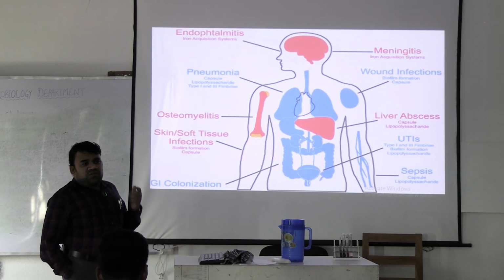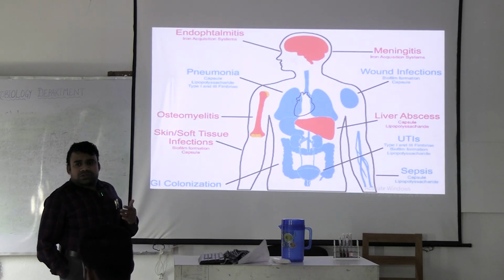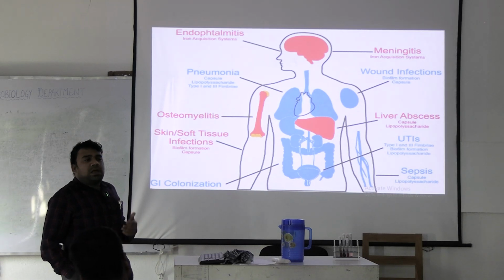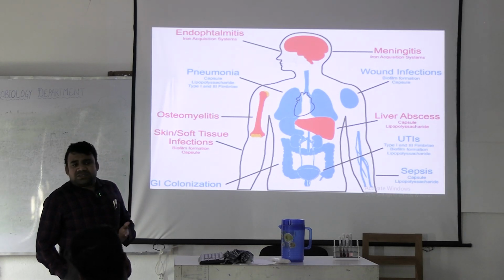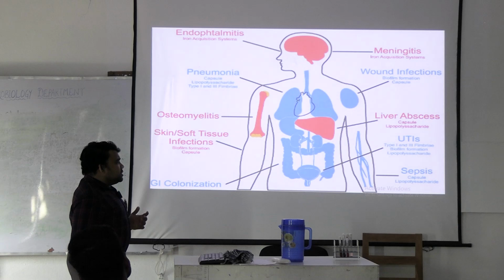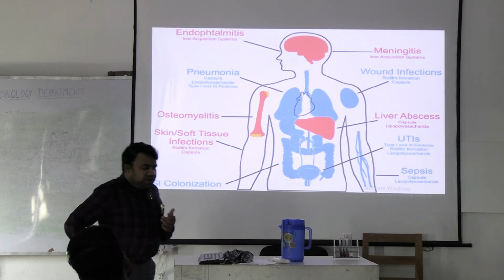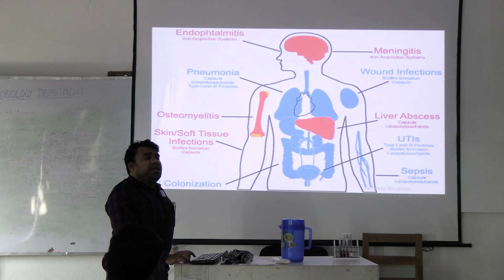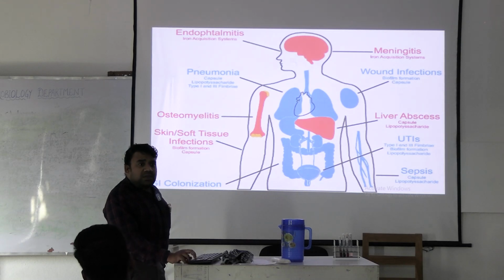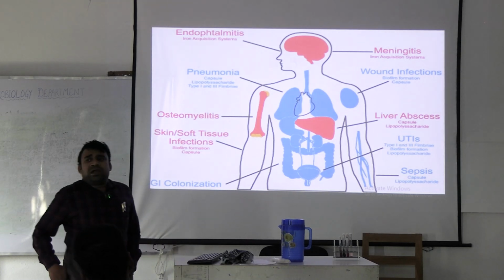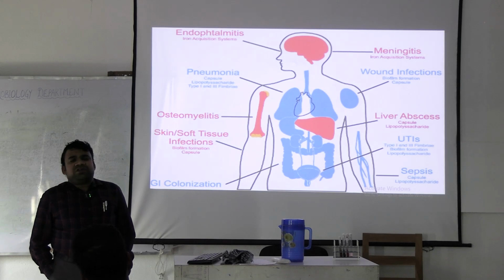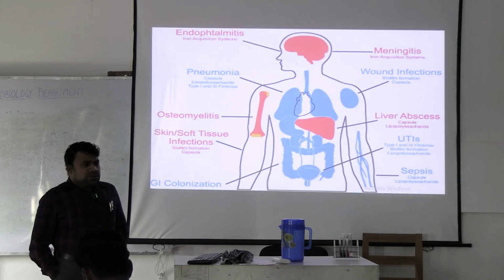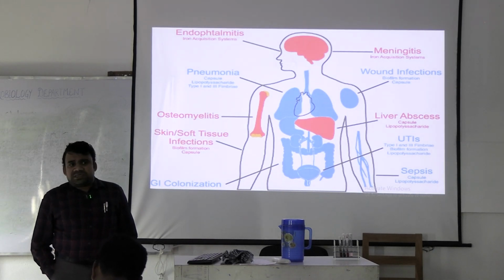It can also seep from blood into bones, causing osteomyelitis. And because it can gain access into the blood, it can also cause sepsis. Very important cause of sepsis, especially in patients who have intravascular devices. Similarly, like E. coli, it can also cause urinary tract infections both in community and also in the hospital settings.